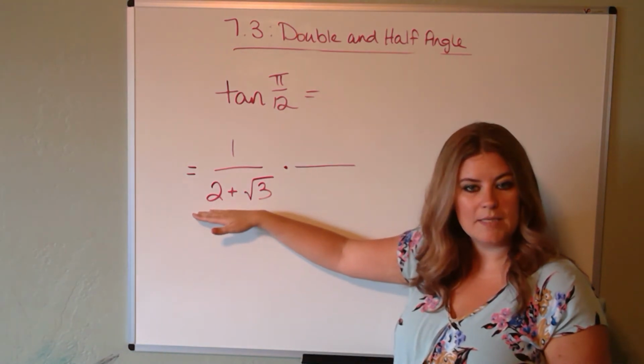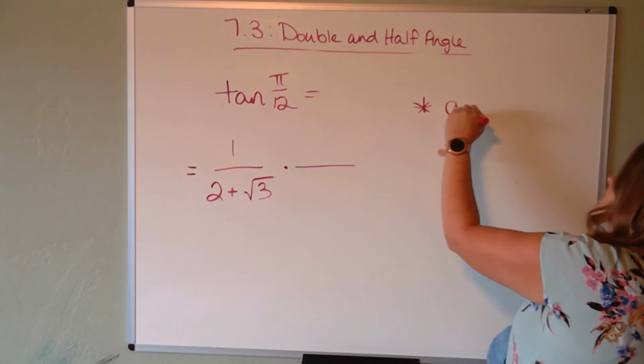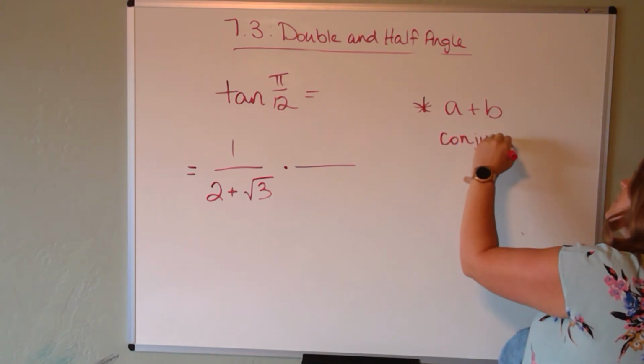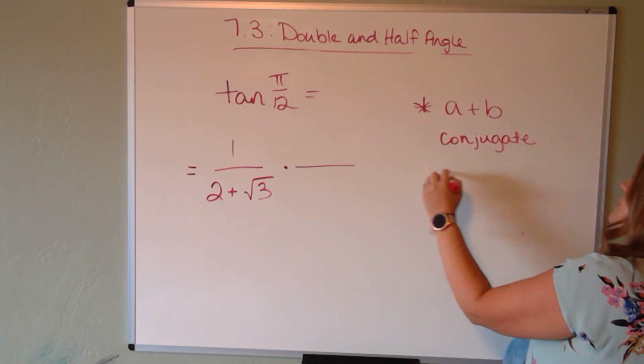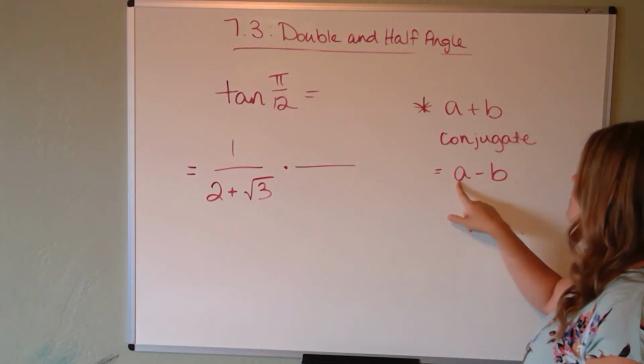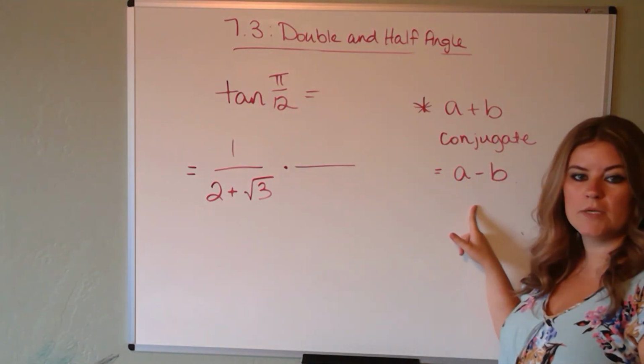What does conjugate mean? You guys, if I have a plus b, the conjugate of that equals a minus b. These 2 terms stay the same. All you do is change the sign in the middle.